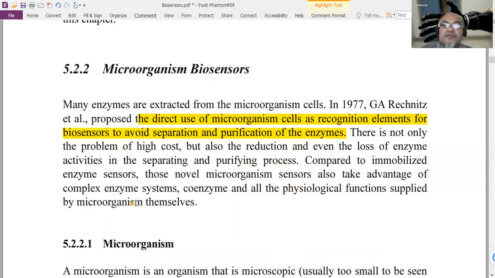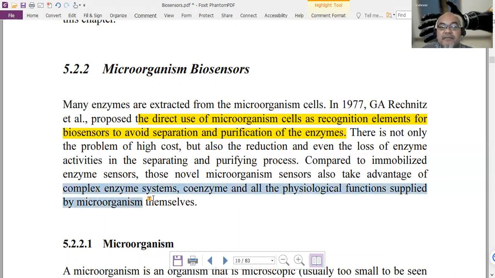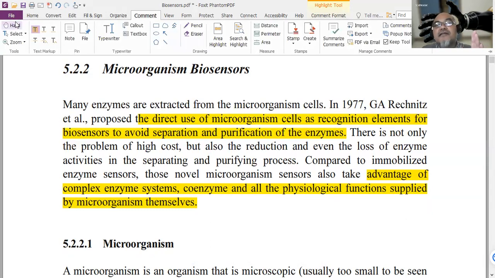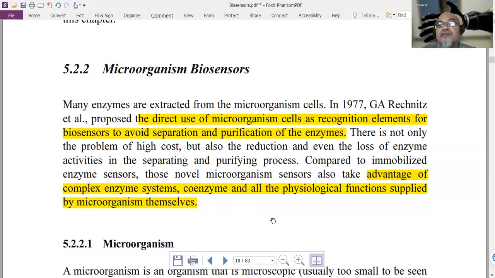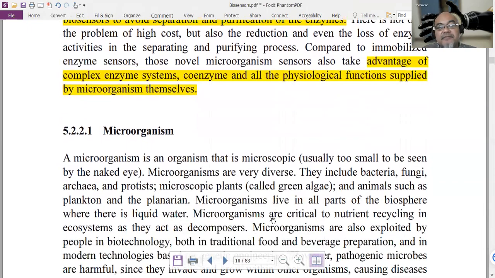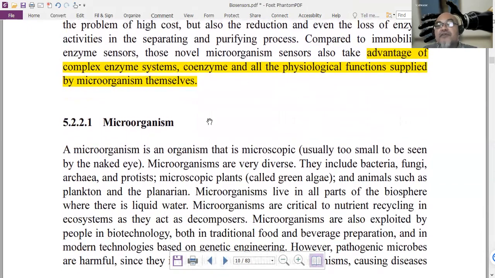The advantage is also the complex enzyme system, coenzyme, and all the physiological function of the microorganism themselves. So we keep the enzyme working in its natural condition, natural environment, with the hope that, of course, it will remain active.